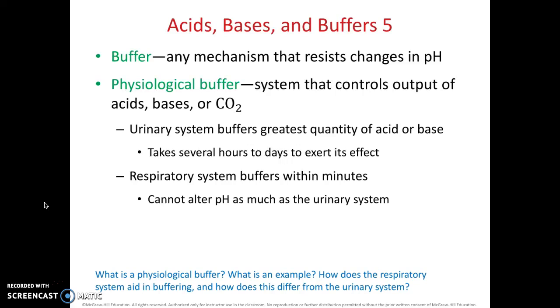Whereas the respiratory system buffers a little bit less, but can buffer within minutes. It can't alter the pH as much as the urinary system, but it does so quicker. So definitely know what these forms of physiological buffers are and their examples, and know the pros and cons of respiratory system versus urinary system buffering.